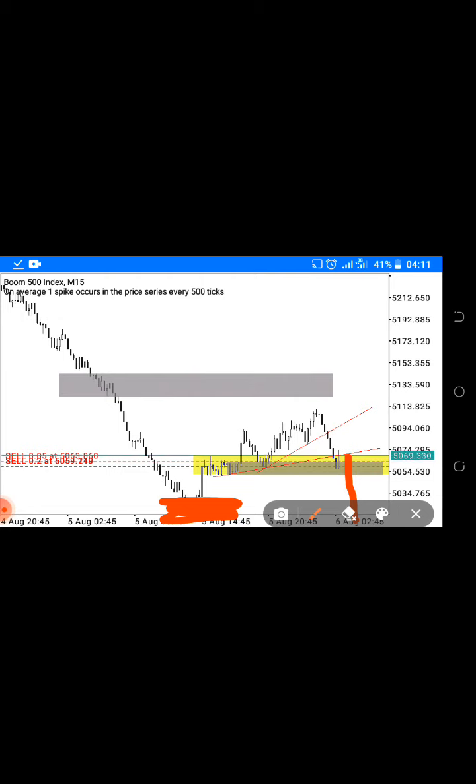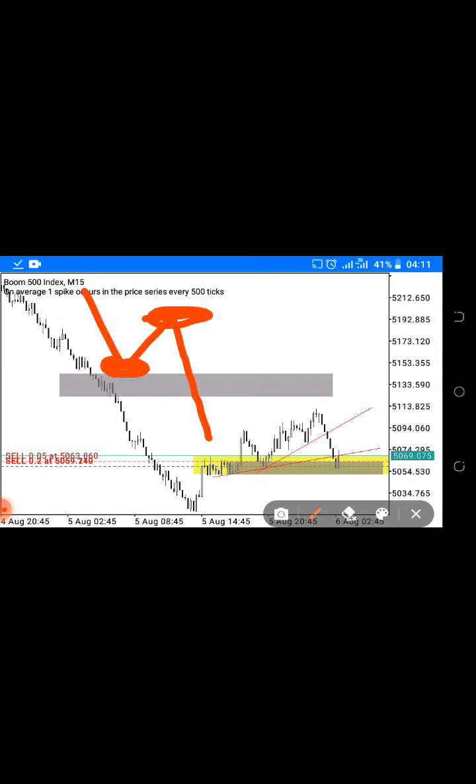How do I know this? Because when the market is on a downtrend, it gives us a price structure of this nature, where this is our lower high and this is our lower low. When the market gives us such a structure, once it's on a downtrend, the supply here will definitely take out the support zone here.